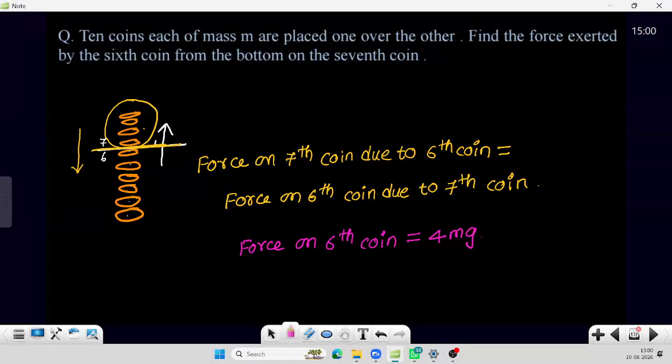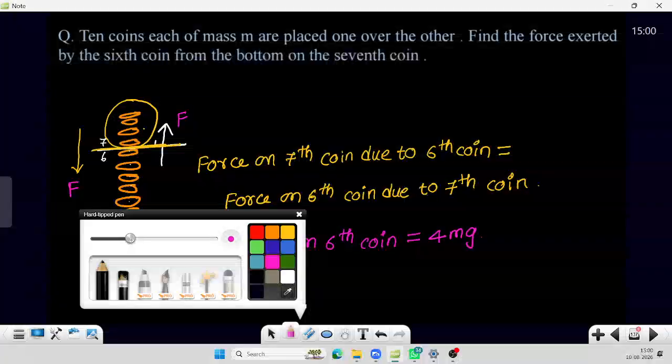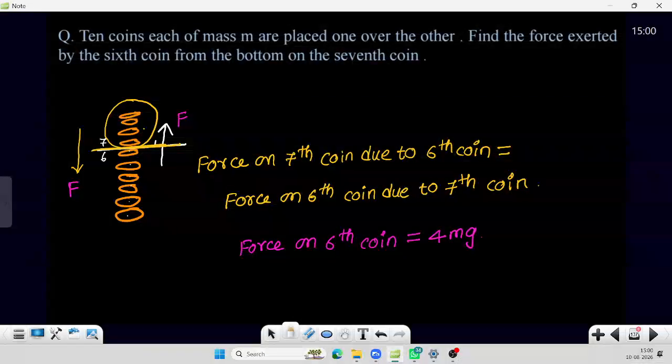The same amount of force the sixth coin will cause on the seventh coin in the opposite direction. Upward force and downward forces are equal.